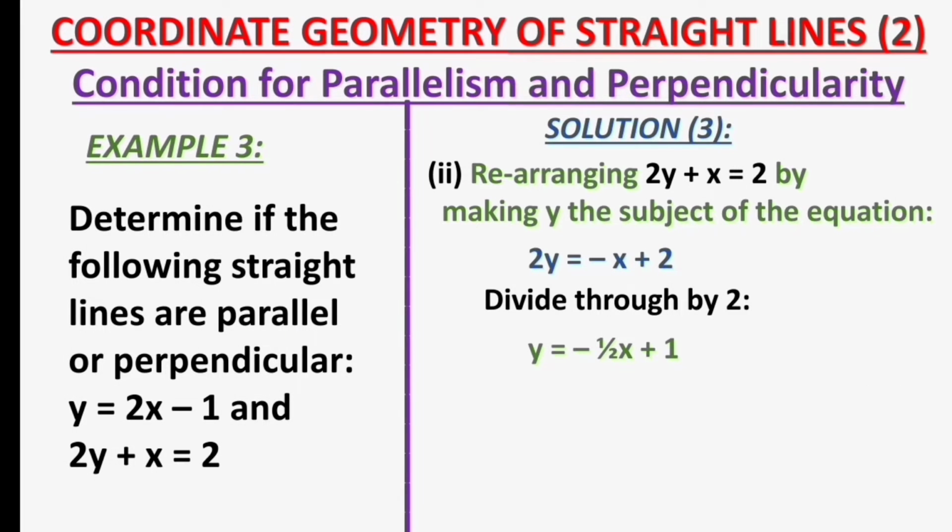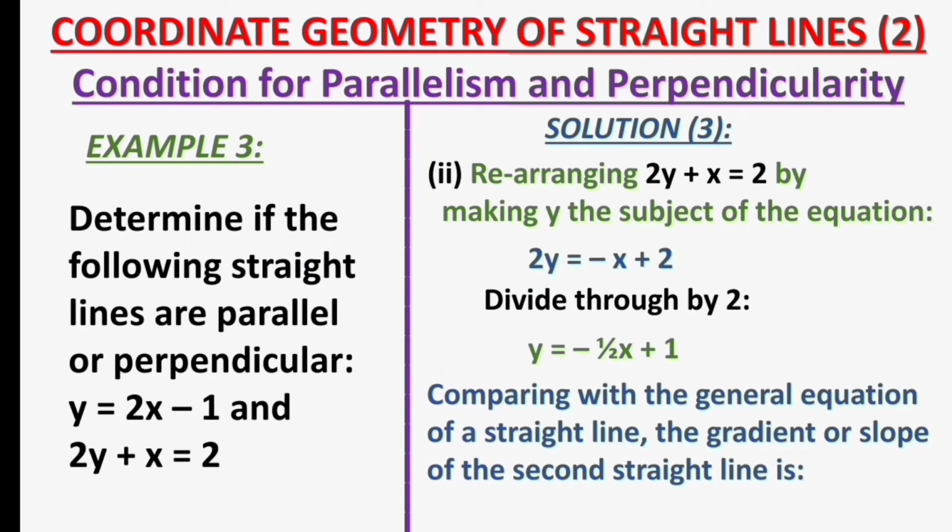Next, let's rearrange our second equation, which is 2y plus x is equal to 2, by making y the subject of the equation. When we do this, we are going to have y is equal to minus 1 over 2x plus 1. When you compare this rearranged equation with the general equation of a straight line, what will be the gradient or slope of the second straight line?